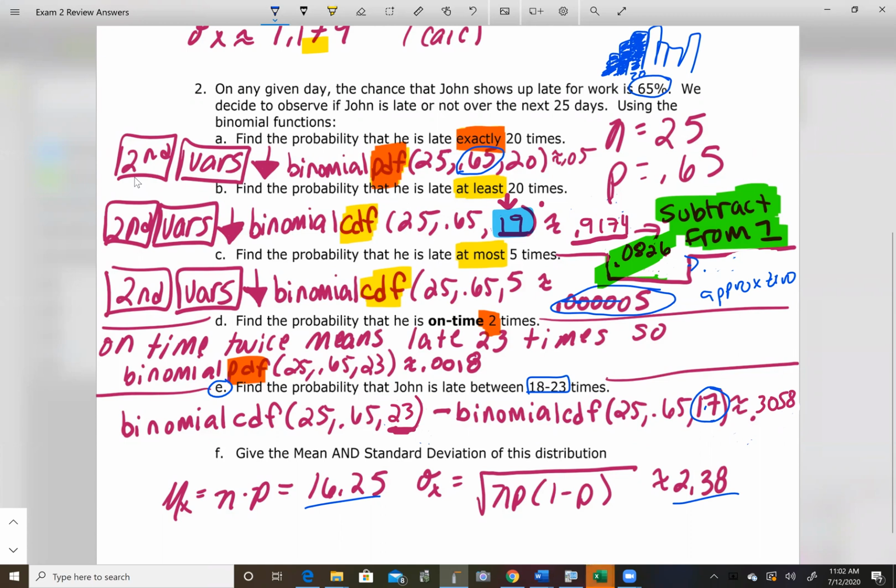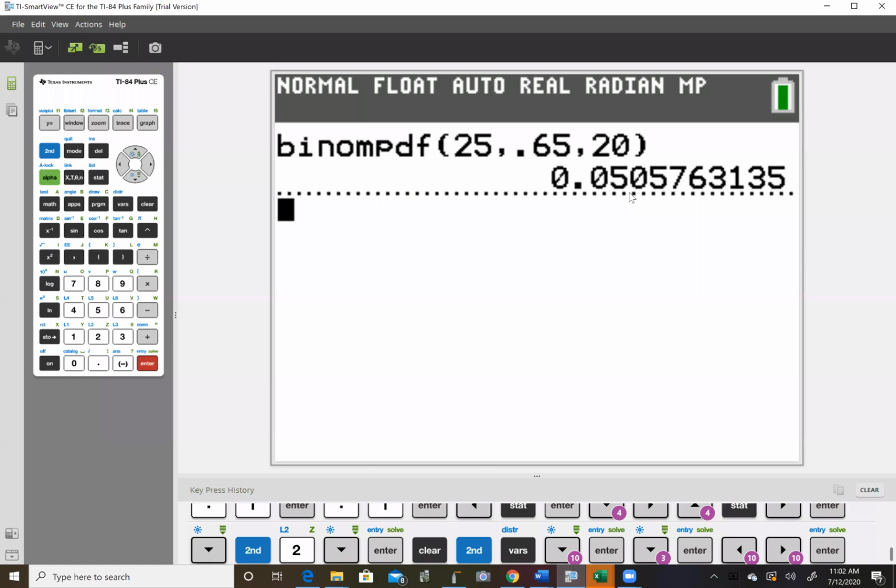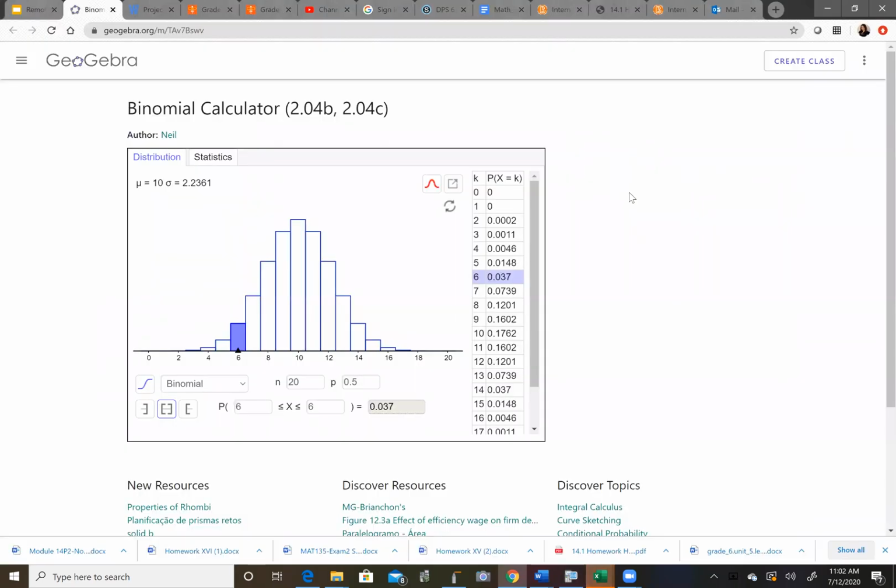"At least" means we need to add up multiple columns, because it doesn't want just 20, it also wants more. So find the probability that he is late at least 20 times, and I actually might have just said this wrong: at least means we want everything above and including 20.